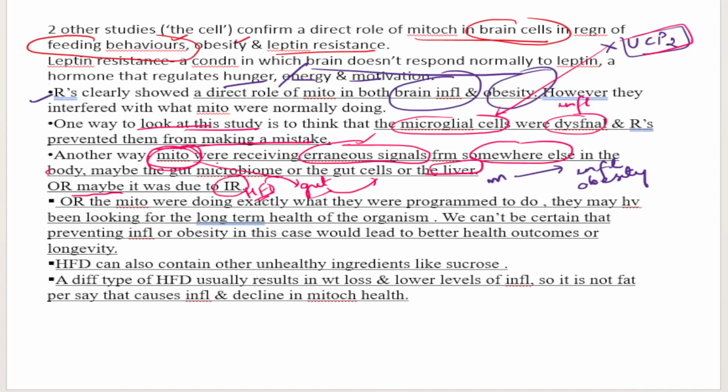Or another way to look at this is that the mitochondria were only doing their work. They were doing exactly what they were programmed to do. They are programmed to, whenever there is stress, in this case due to high fat diet, send signals. So in this case, they send signals to the microglial cells.